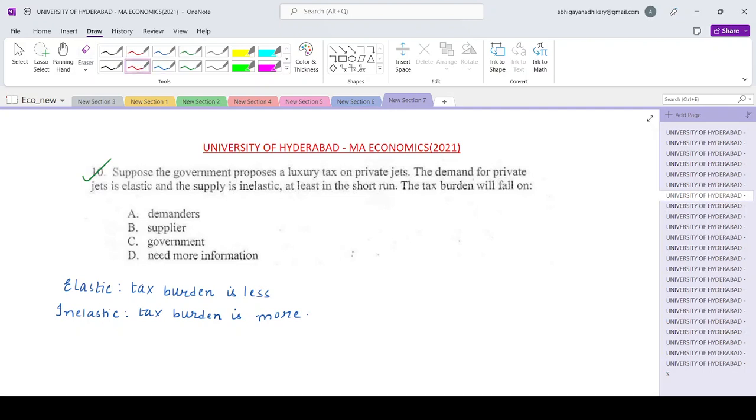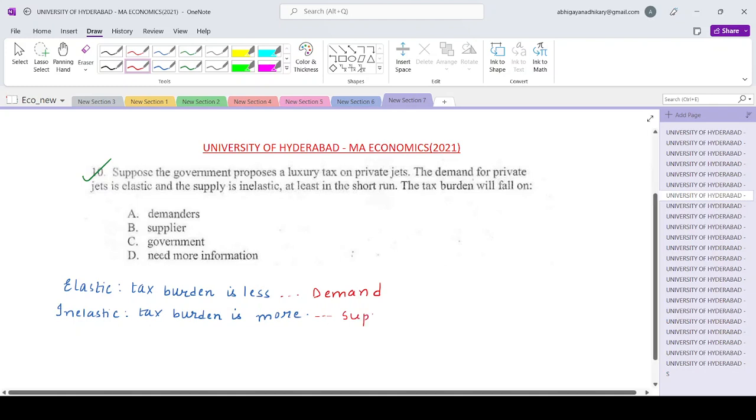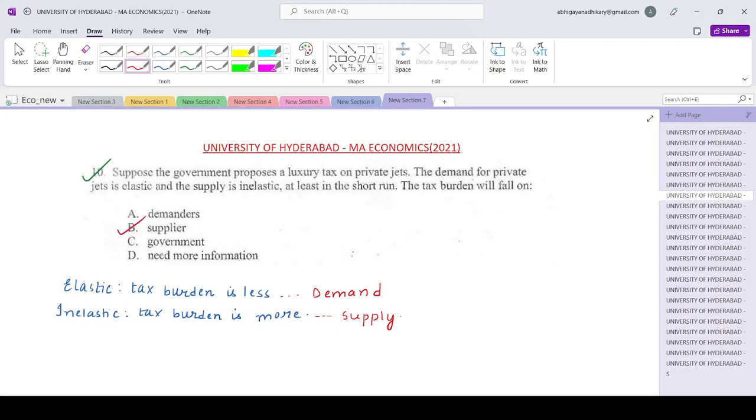Now you can understand the elastic connotation has been given for demand and the inelastic connotation has been given for the supply. So the suppliers will be bearing most of the taxes. So the tax burden will fall on suppliers, which is option B of your options. Okay, thank you so much.